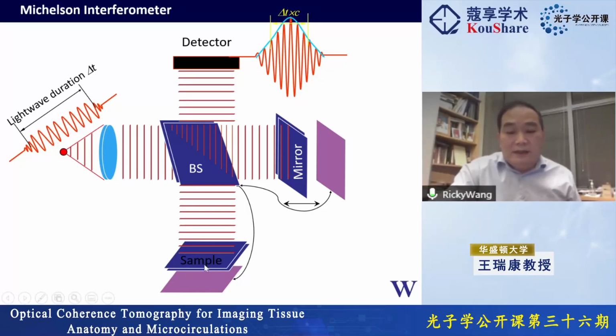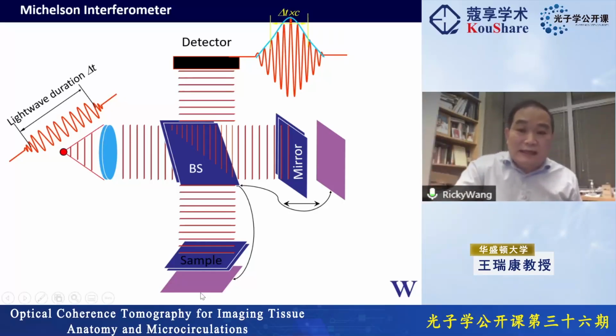And we know that in biological tissue there are a lot of interfaces. So at the different interfaces, we're bouncing back the light, which we call light echoes, right?